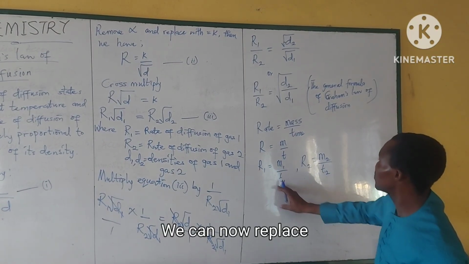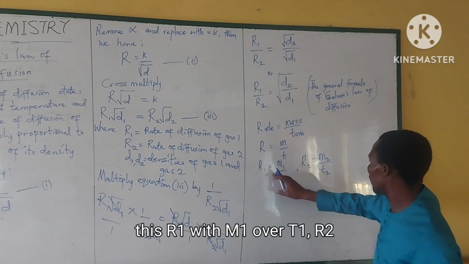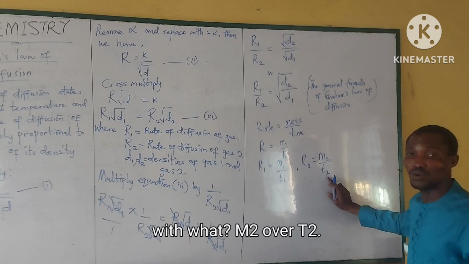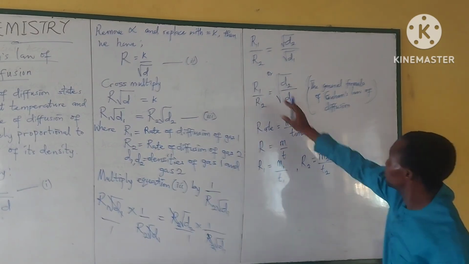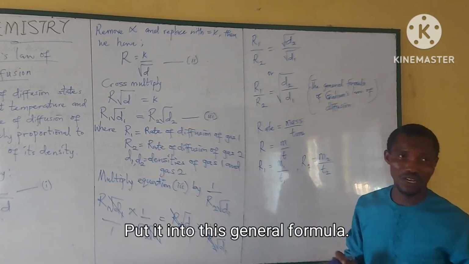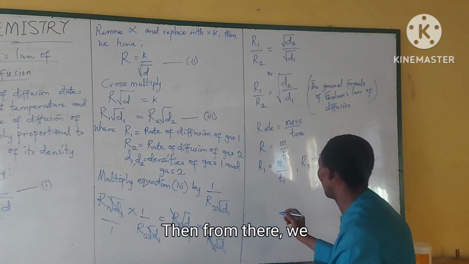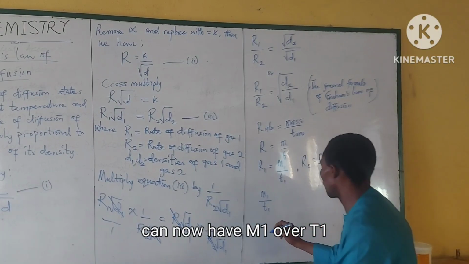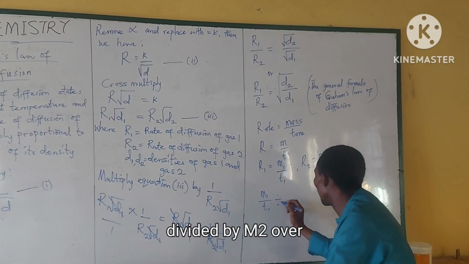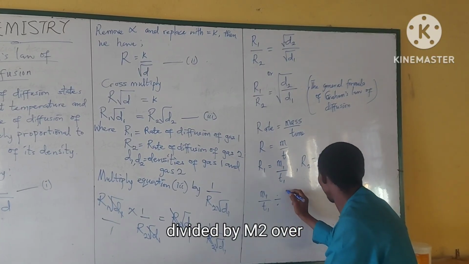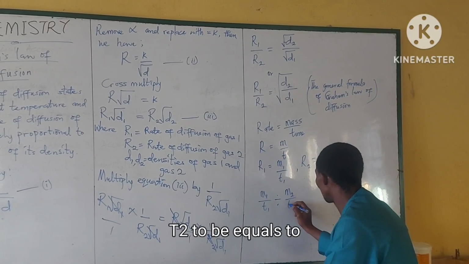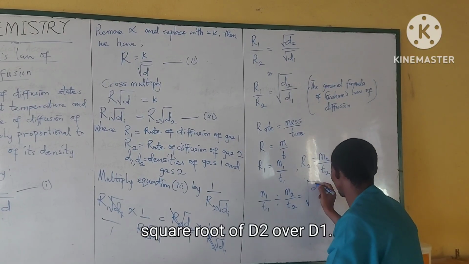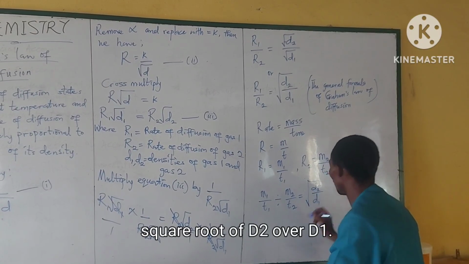We can now replace this R1 with M1 over T1, R2 with M2 over T2, and put it into this general formula. Then from there, we can now have M1 over T1 divided by M2 over T2 equals the square root of D2 over D1.